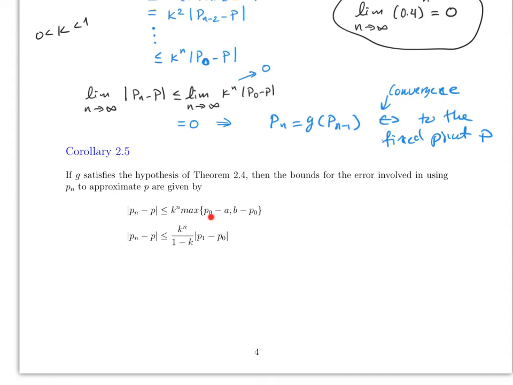And this one is related to the initial approximation times the endpoints of the interval. The proofs for this are very similar to this one. So if you are bored and you have nothing else to do, just give it a try.